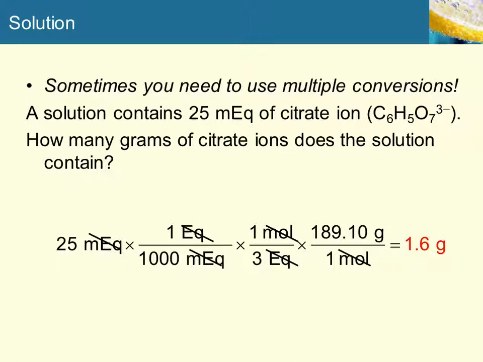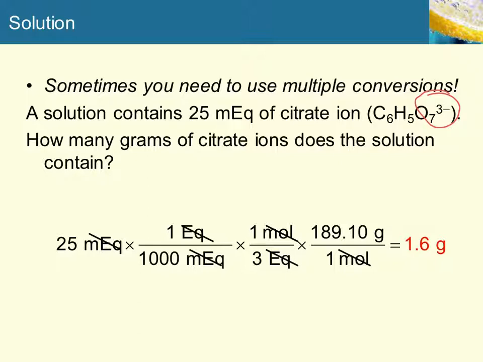So you can see here, I have 25 milli equivalents. There's my first conversion factor that I spoke to you about. 1 equivalent is 1,000 milli equivalent. 1 mole equals 3 equivalents. How do I know that? Because of this 3 right here, okay, that charge. 1 mole equals 3 equivalents.